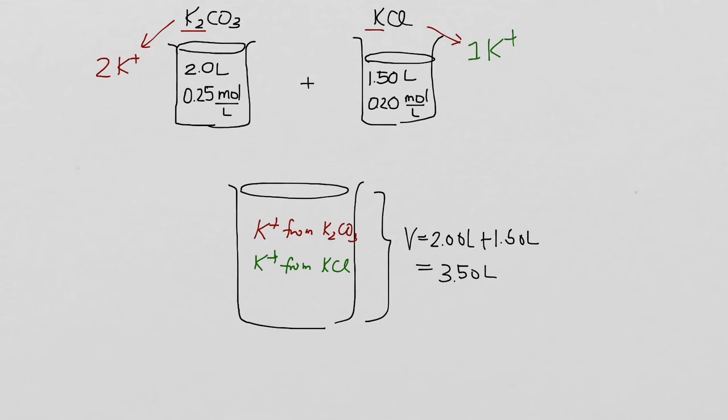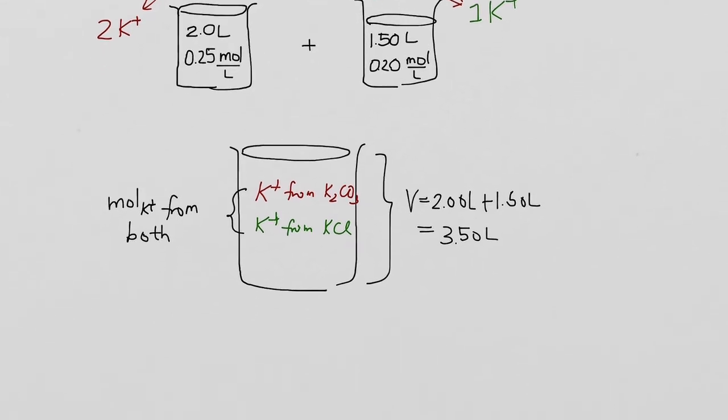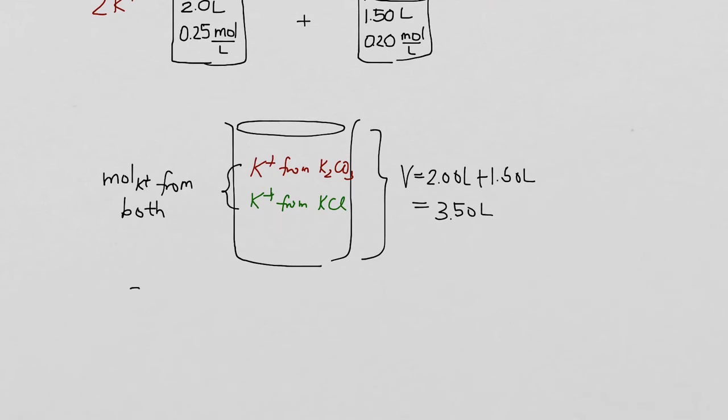So the moles of potassium ions from both. And when you put those two pieces of information together, that will give us the concentration of potassium ions.